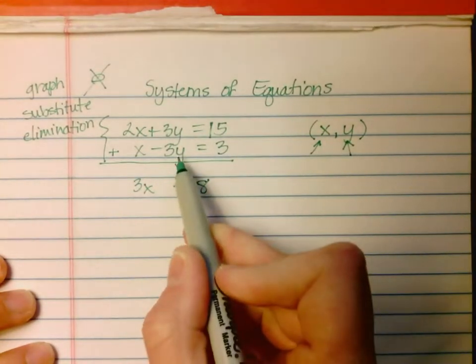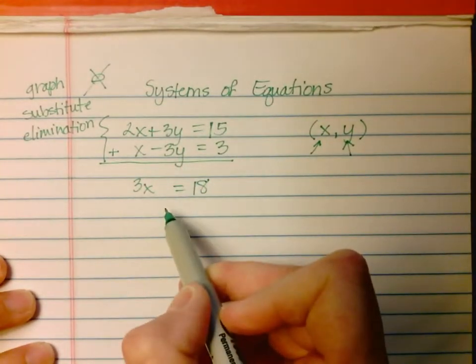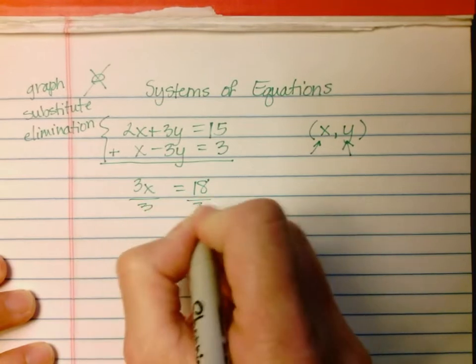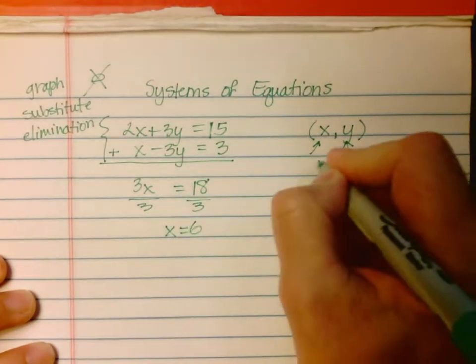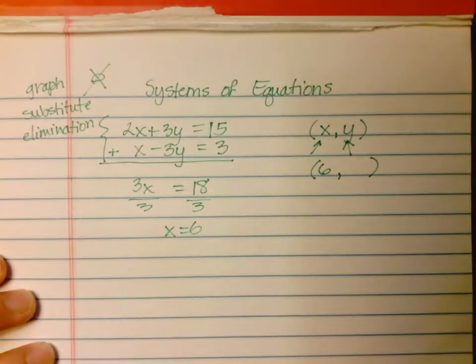We've eliminated the y variable, so now we just have one variable left, and we can solve for that, and the x coordinate is 6.